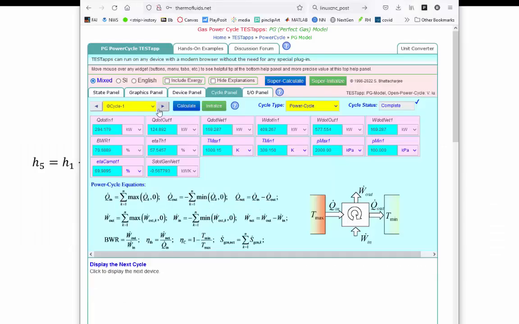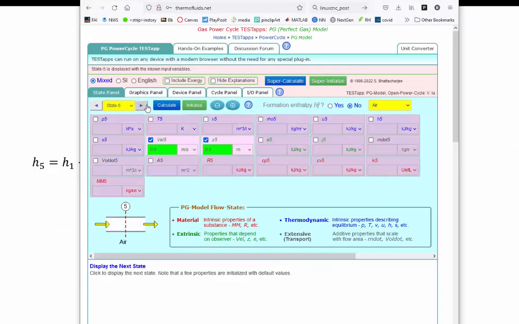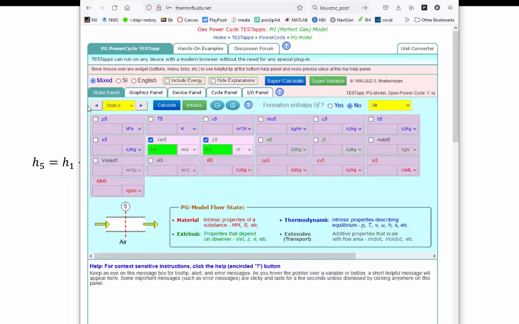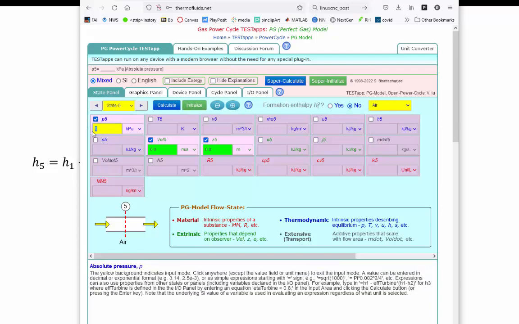So we're going to come over here and add another state. This will be state 5, and this is essentially state 2, so it's going to be at pressure 2.